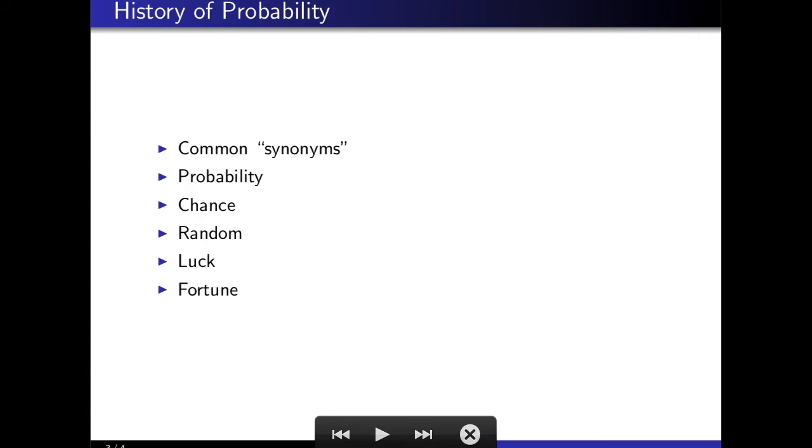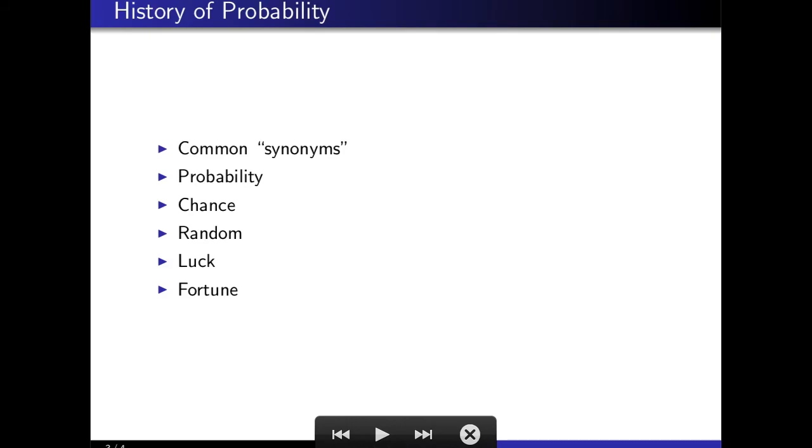So probability maybe is referring to the likelihood of some event occurring, whereas chance kind of has the connotation of something that's less observable, less predictable, something maybe more unknown that we can't really grasp.